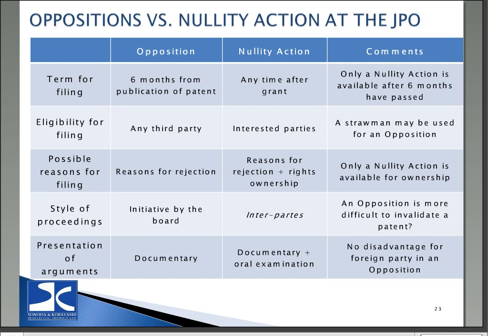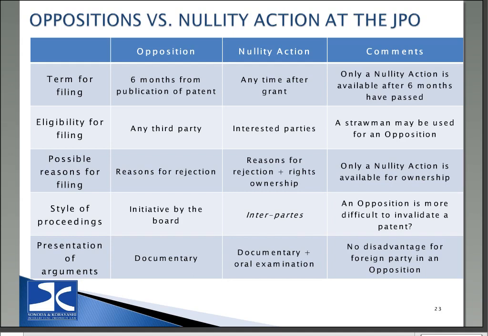Yes, so the comparison of opposition and nullity action in Japan first. With regard to the term of filing, opposition has a limit, 6 months from publication of the patent, while nullity action has no limit. Therefore, if you need more than 6 months to prepare arguments or test data or anything, you cannot file an opposition, and you should consider filing a nullity action.